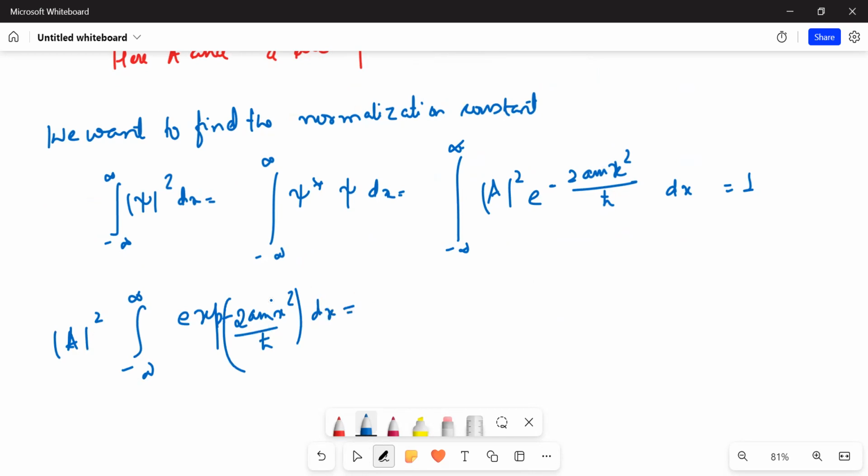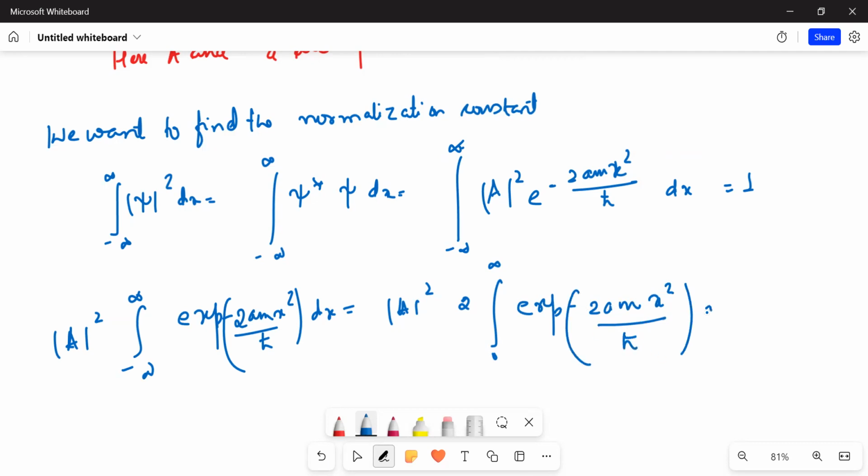This is a well-known integral. This will equal modulus A whole squared, 2 times the integration from 0 to infinity of e to the power of minus 2am x squared upon h-bar dx, and this all equals 1.